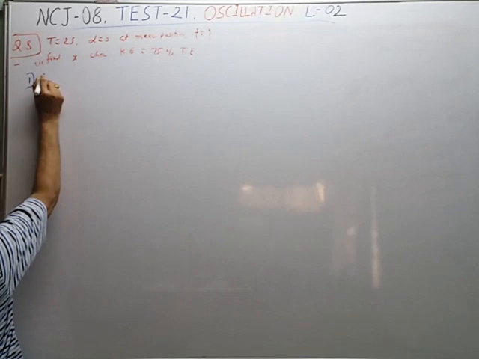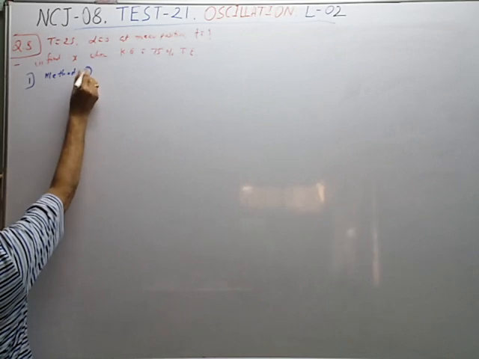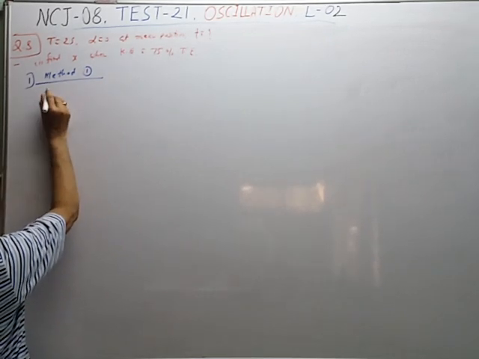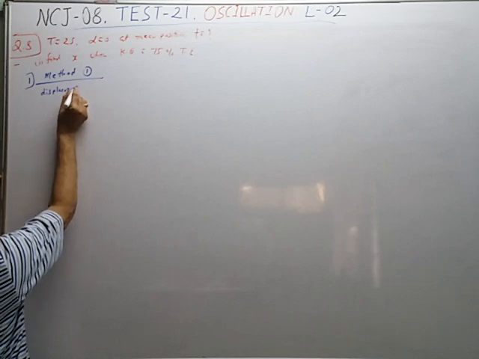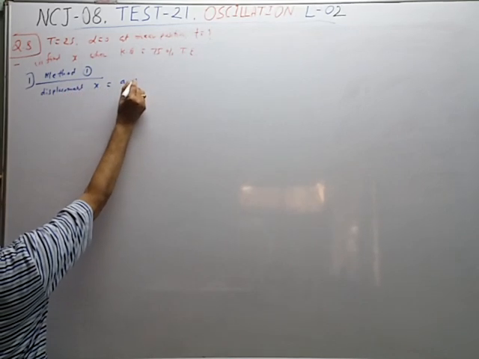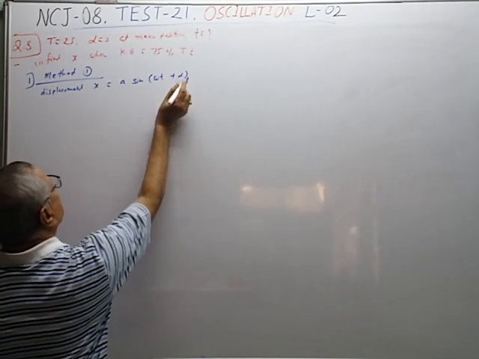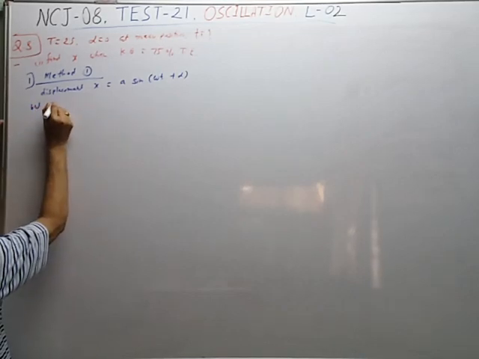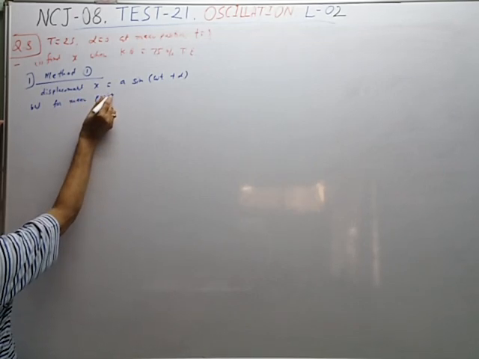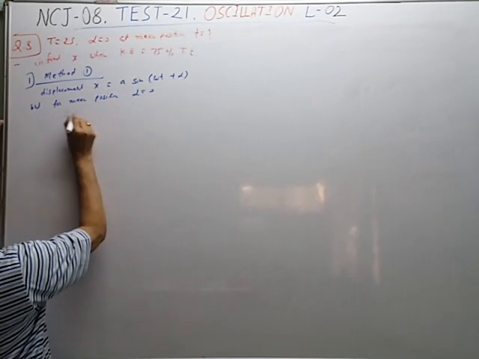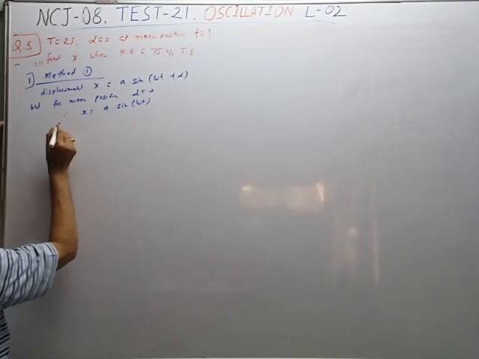First, method 1. Displacement x is equal to a sin(omega t plus alpha), but for mean position alpha is equal to 0, therefore x is equal to a sin omega t.